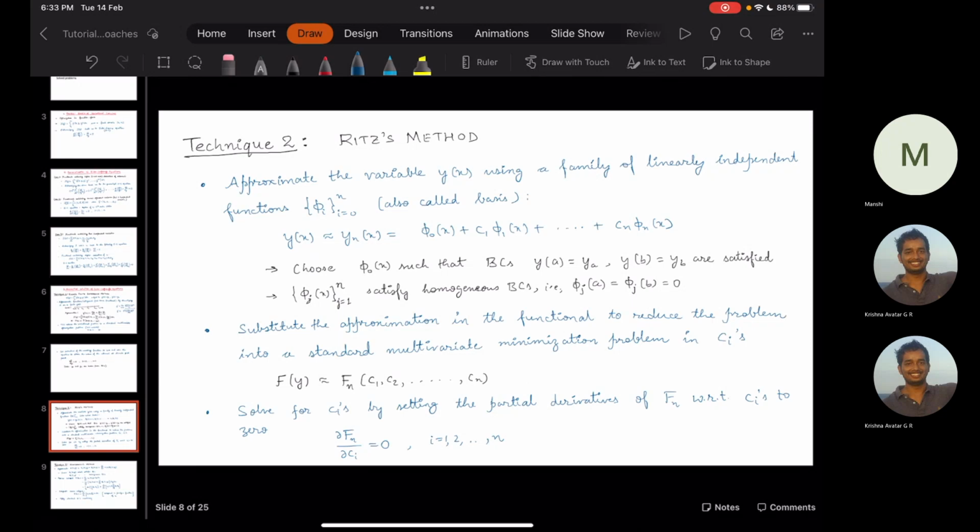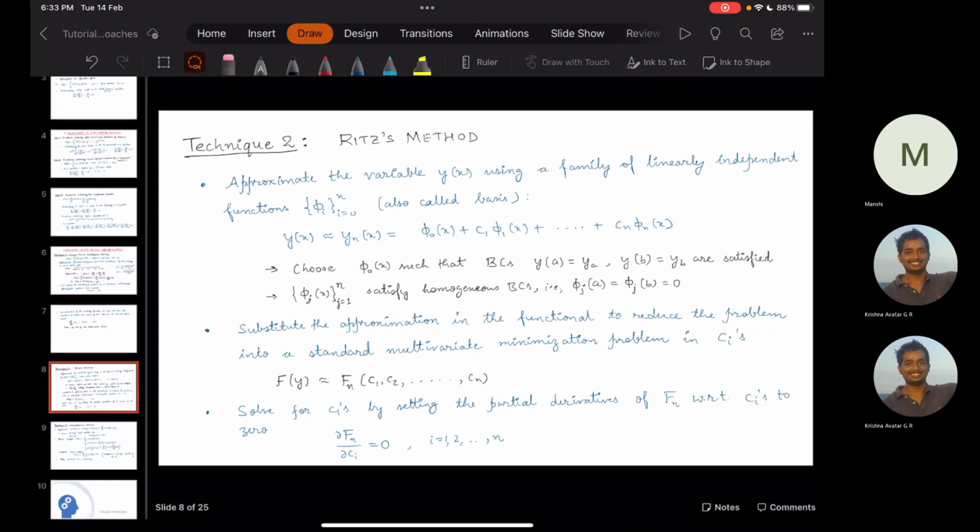Once we obtain the ci's, we already have what we wanted. We can put them back into the expression here and get an approximate expression for y of x, or the extremal.